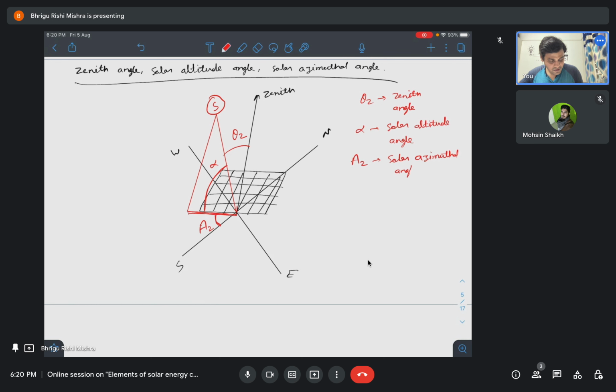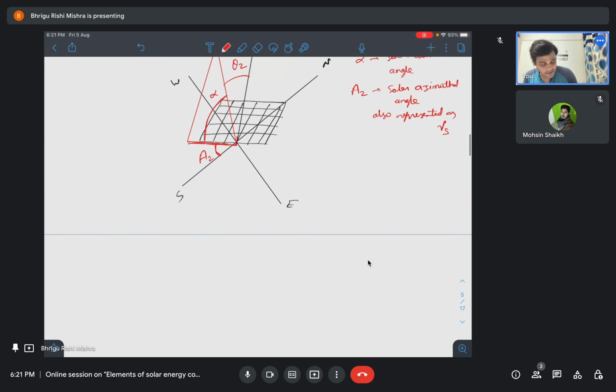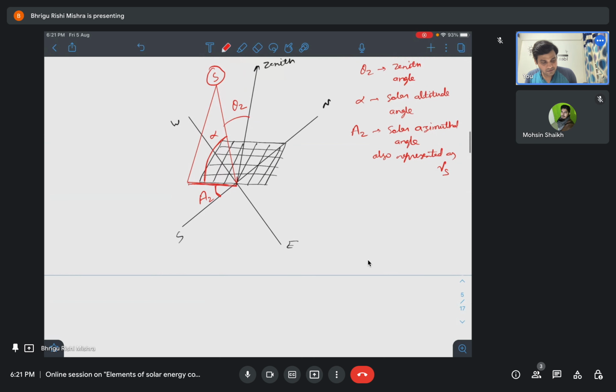Also in other textbooks it is commonly represented as gamma s. So these three angles are very important and describe the position of the sun with respect to any horizontal plane on the earth.